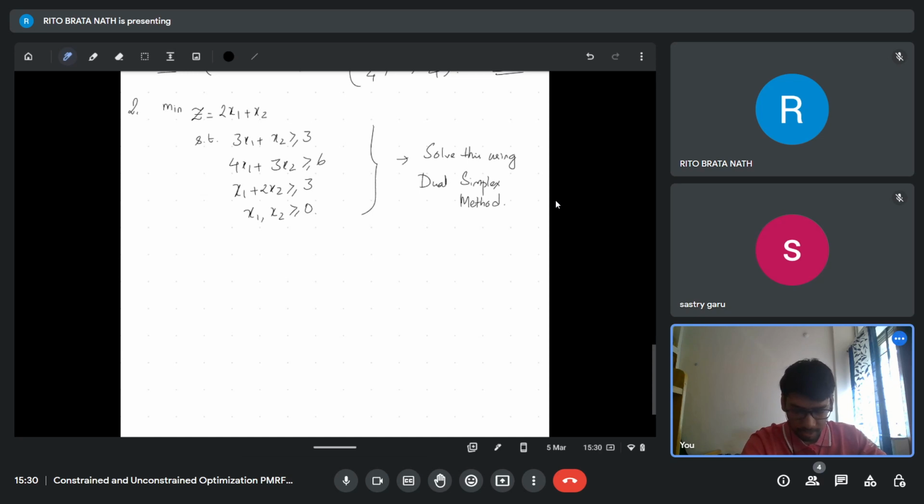So again, you'll be starting with some initial basic solution, sorry, not a feasible solution, an initial basic solution, which is optimal in a certain sense. And then it's again determining which variable departs and which one enters. And it's a pretty standard way of finding out.